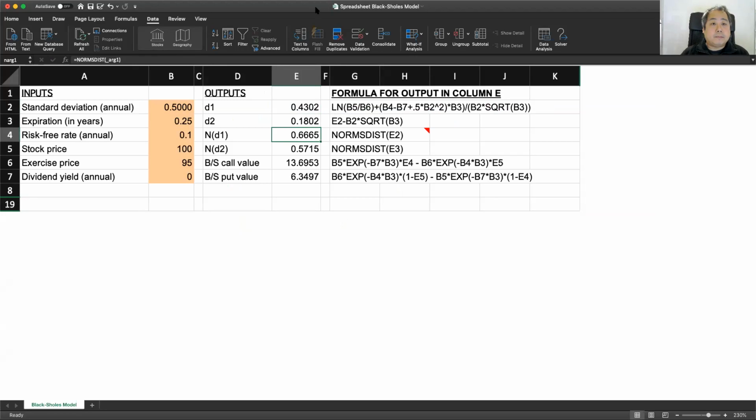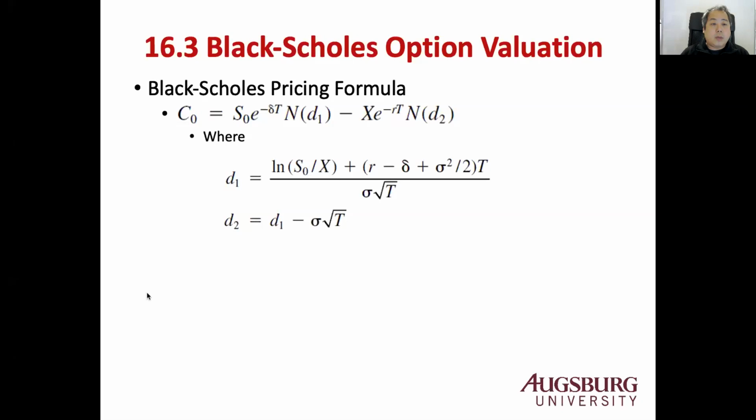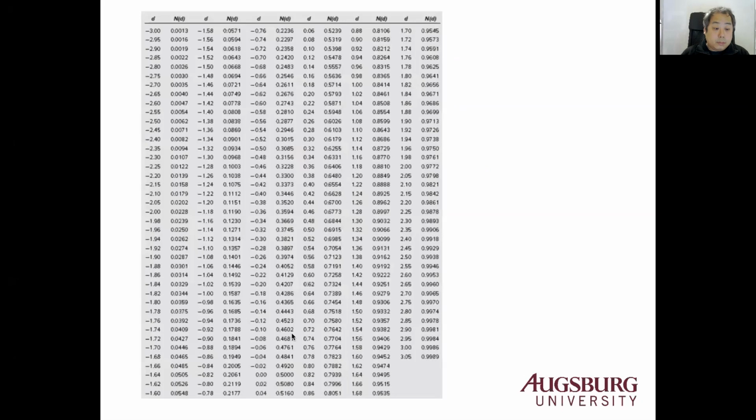So with this, now what we have to do is get D1 and D2 and plug N(d1) and N(d2) here, right? And this N(d1), N(d2) may be found in this table. I don't recommend using the table, because probably you have to find this sometime, but in most cases we use Excel.